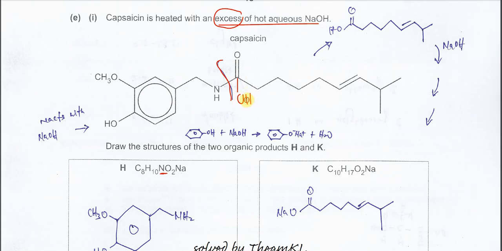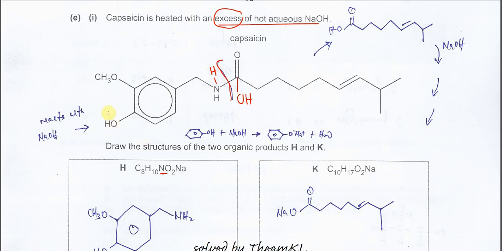So this carbon will get OH and this nitrogen will get H, because hydrolysis involves water. One will get H, one will get OH. So this will form amine, this one will form carboxylic acid. And this amine is a base, so it will not react with the NaOH. Only acid will react, right?